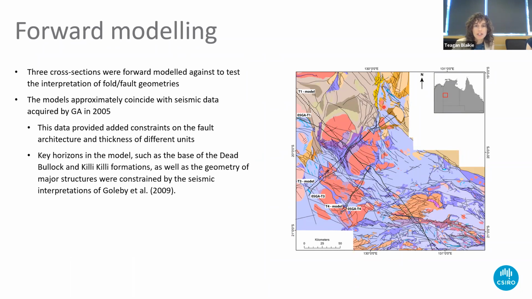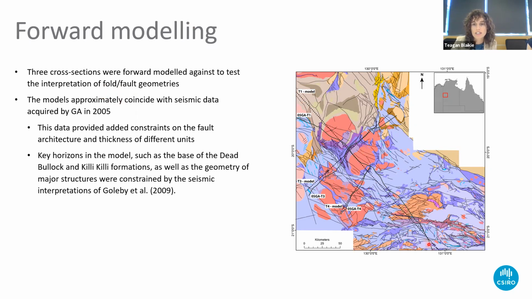As part of this study, we also developed a series of forward models in order to look at the subsurface geometries and distribution of the major lithologies, as well as the different faulting relationships. These cross sections were modelled relative to seismic sections or seismic profiles, including this northwest striking T1 profile.